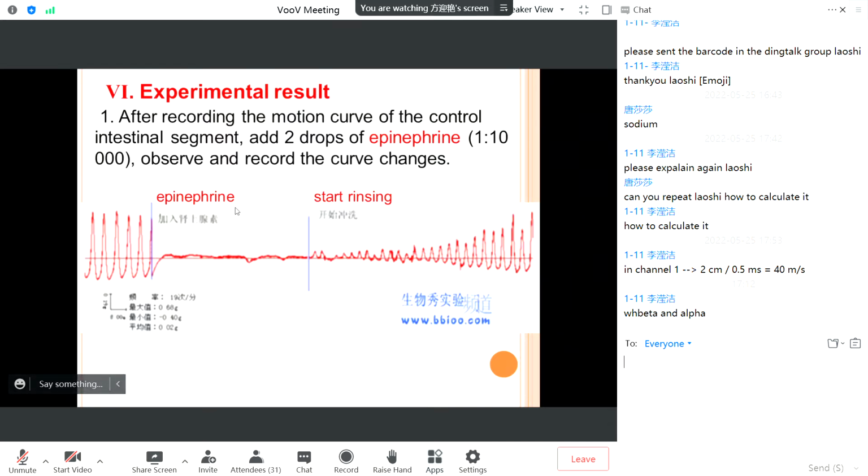Can you tell me, then, in the intestinal smooth muscle, which type of epinephrine receptor? Alpha or beta?